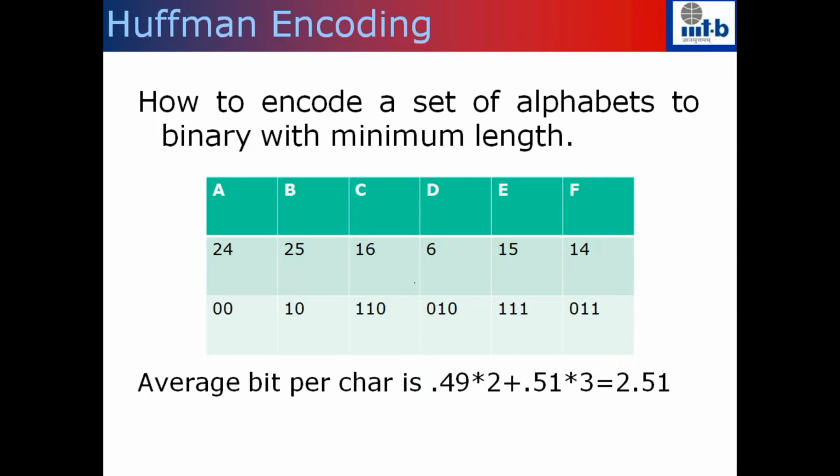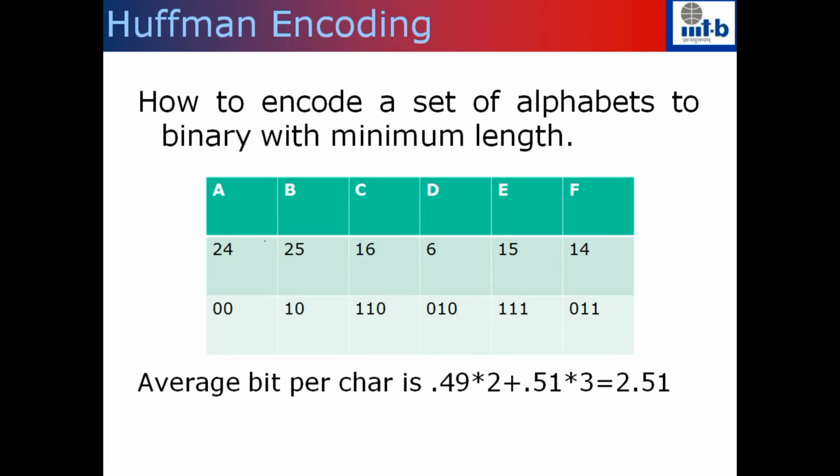I can encode A as 00, B as 10, C as 110, D as 010, E as 111, and F as 011. With this encoding scheme, you see that the first two characters which appear more frequently have been given an encoding of length 2, and the remaining all have been given an encoding of length 3.